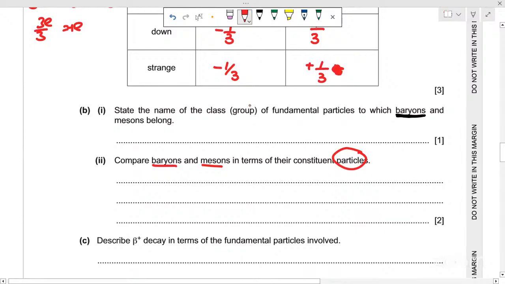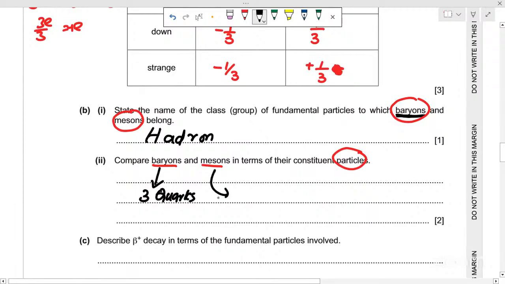Leptons are fundamental particles, whereas hadrons are not fundamental particles. Hadrons are composed of quarks. So baryons and mesons are hadrons. They are not leptons, as they are formed by quarks and antiquarks. So baryons, three quarks, and meson, one quark and one antiquark.